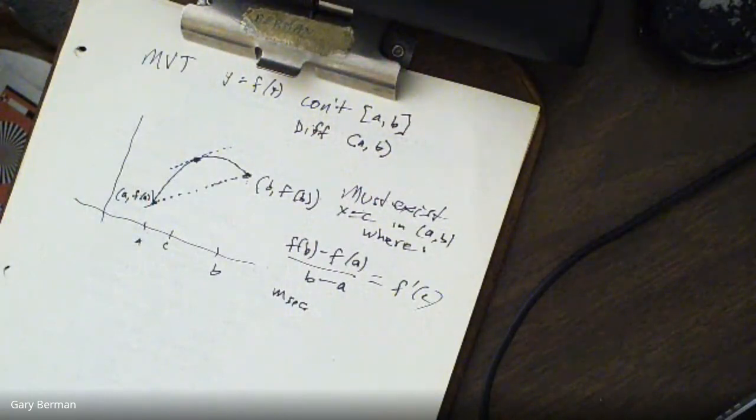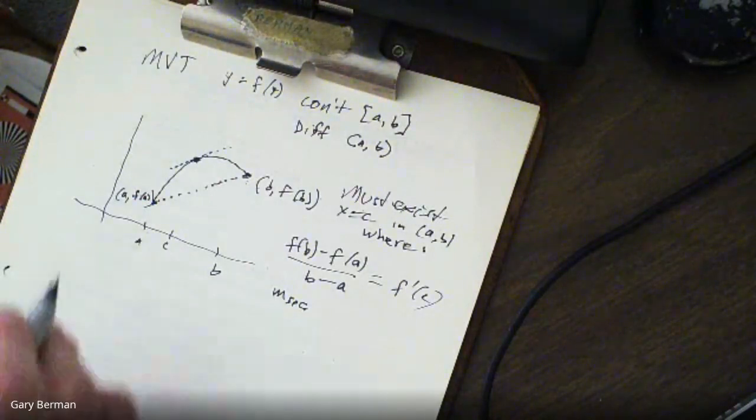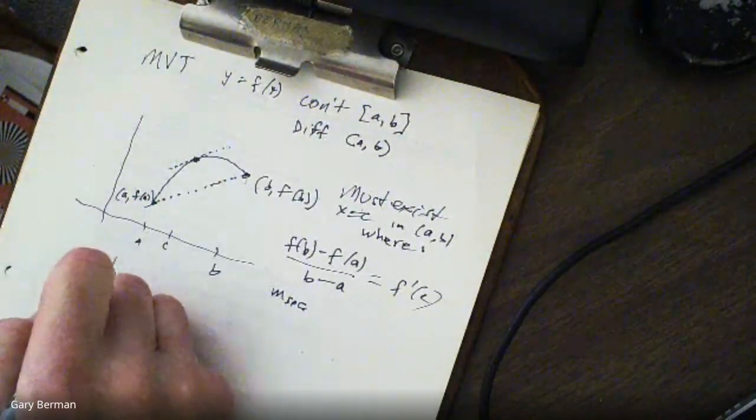We're going to set up a brand new function. And this is the method I'm talking about. There's a method of doing proofs by setting up a new function that, if we're sneaky enough, has the properties we want to give us the answer we want. So we're going to have a new function called h of x.